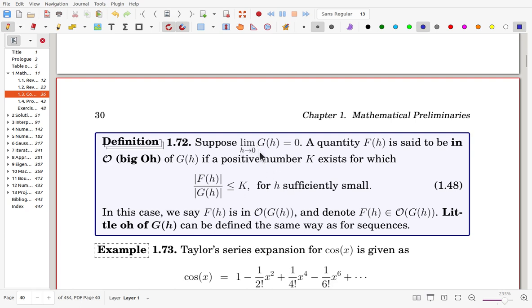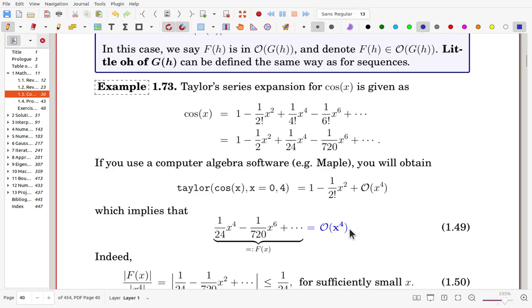As h is approaching 0, you have to take this quotient bounded by k for h sufficiently small. And little o can be defined similarly. Once this quotient approaches 0 as h approaches 0, we use little o notation.